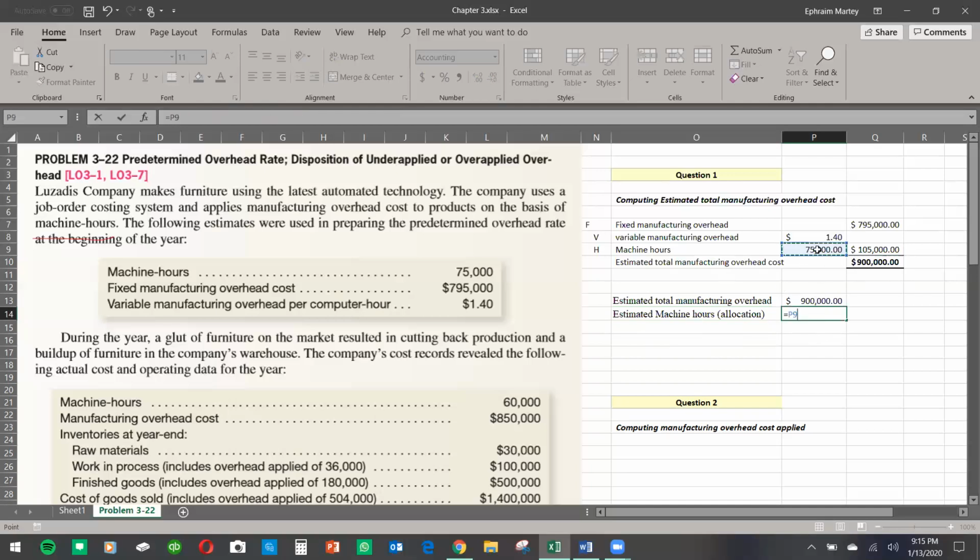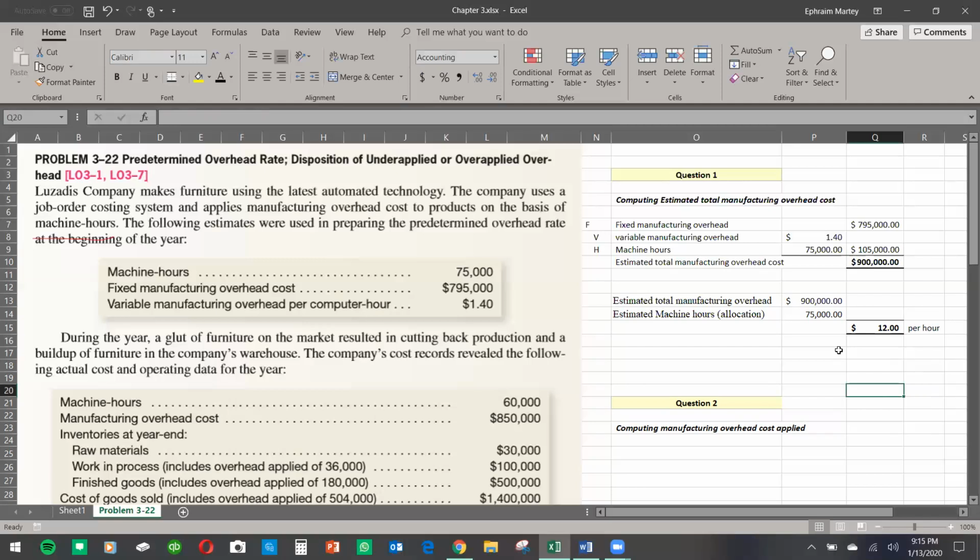So we can just refer to it here. And then we have this divided by 75,000, we have $12. So $12 per hour.